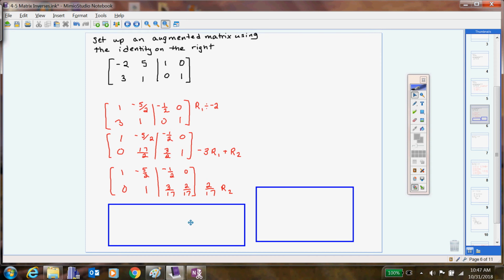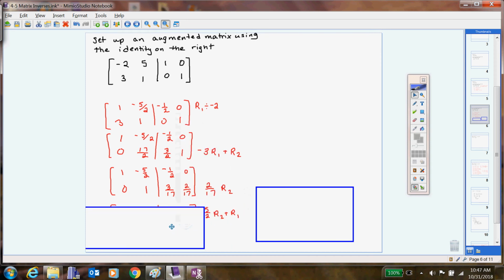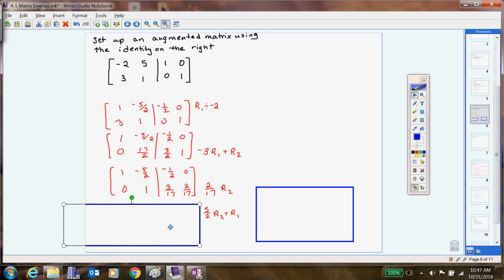So times negative 2 over 5 on the second row, or 5 over 2. 5 over 2, not 2 over 5, because we have to add it then to the top row. 2 over 5 would work if we multiplied, but we're going to be adding this.